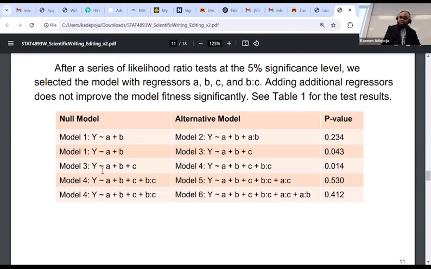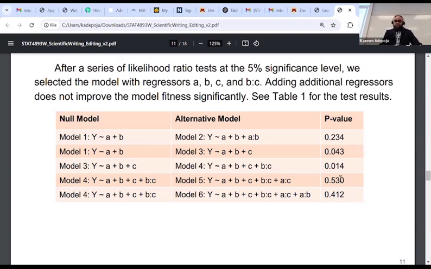Then we compare model 3 with model 4, and it got a p-value of 0.014, which means model 4 now is fantastic. You now compare model 4 with model 5. Model 4 is the simpler model and model 5 is the complicated model, but look at the p-value. The p-value is greater than 0.05, which means we do not necessarily need to go higher.